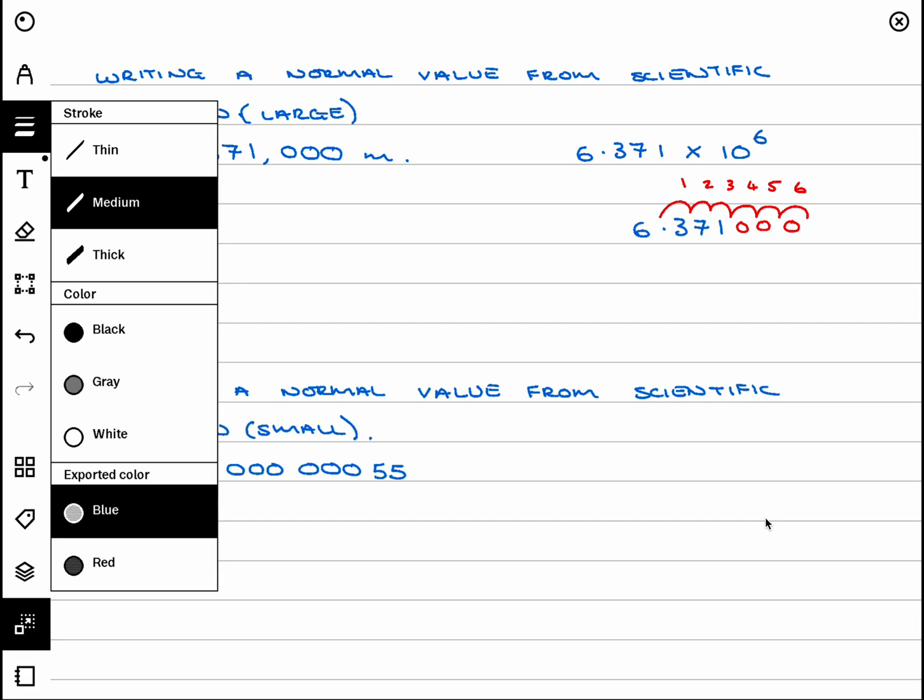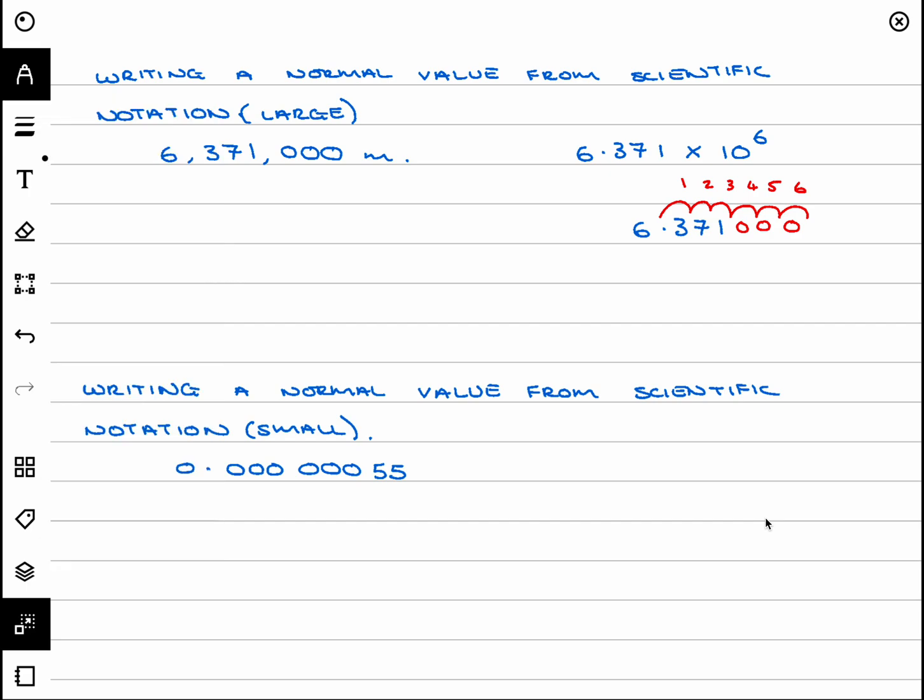So my answer, as we've got here, is 6371000. And that's actually the radius of the Earth in meters.